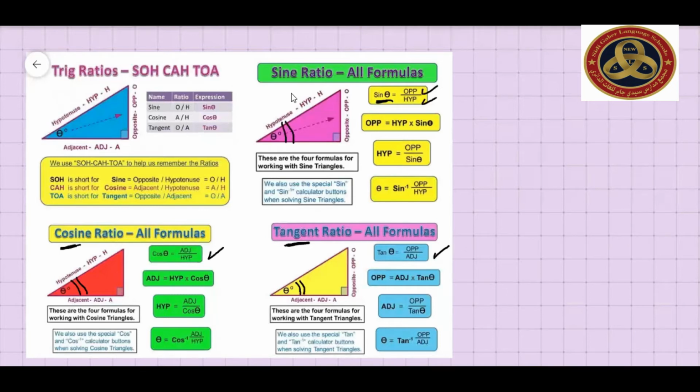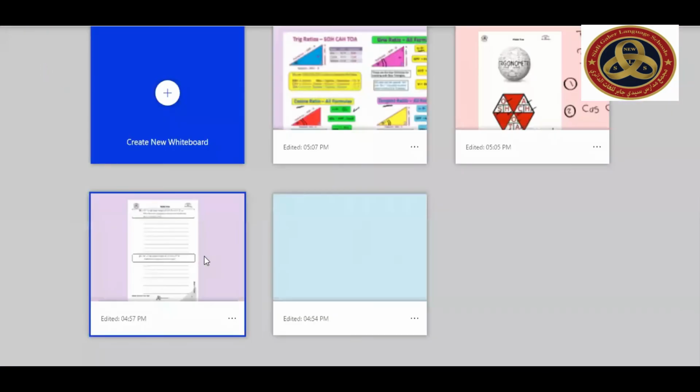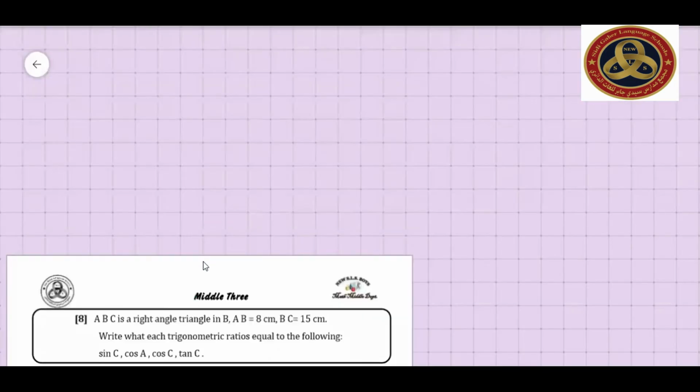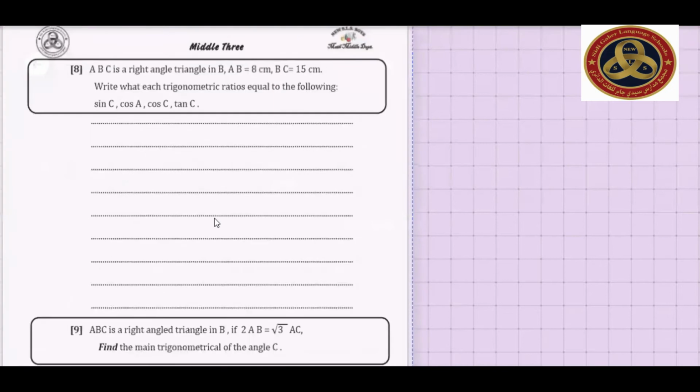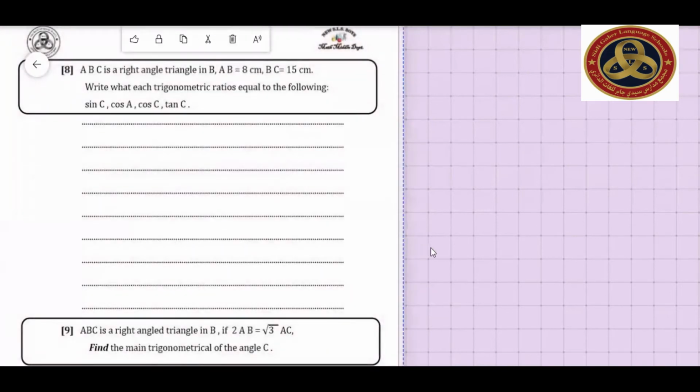Now we can start to solve problems on this part. Open your booklet, page 7, number 8. He gave me the triangle ABC, a right angle triangle.